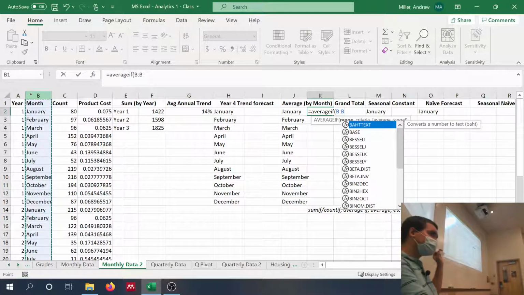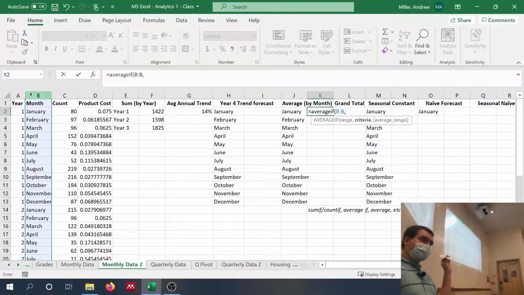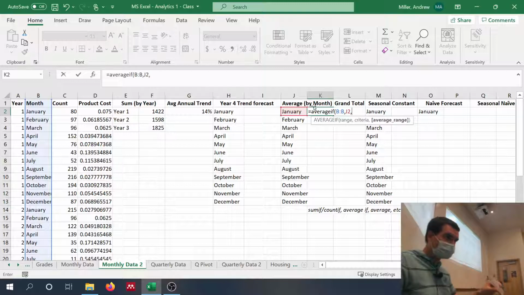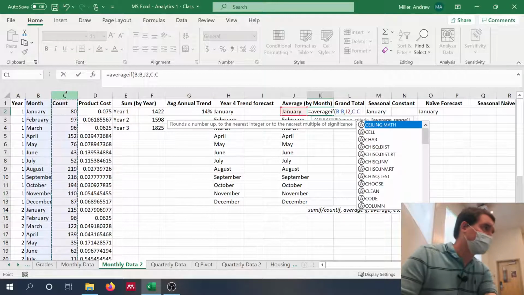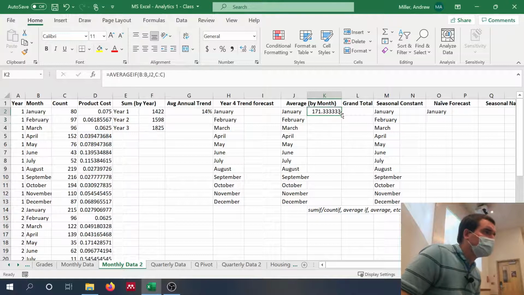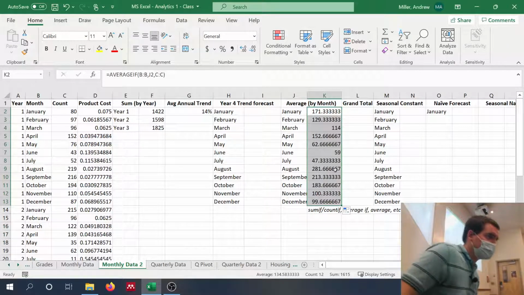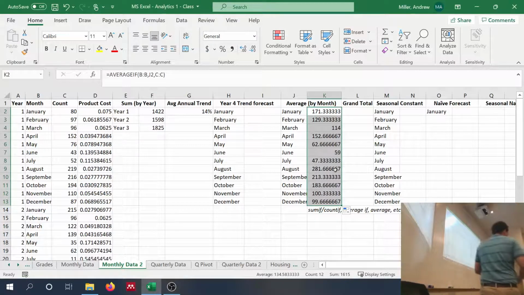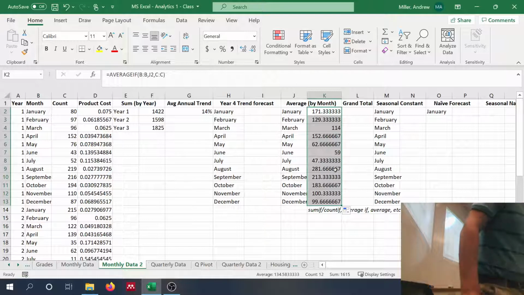Does that make sense? Okay, what are we going to put for the condition? J2, exactly. And then finally, the average range, of course, is going to be the count. All right. So just copy that down. Aren't absolute and relative references a great thing? I think they're pretty great.